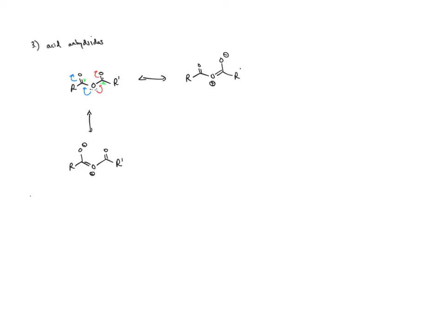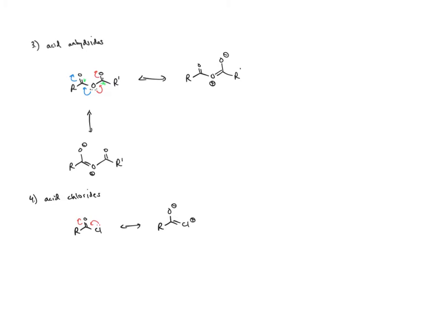The last one is the acid chlorides. So why is this one the most electrophilic? Well, this is the most electrophilic because it suffers from what's known as orbital mismatch. And so we can, of course, draw the lone pairs on chlorine delocalizing into the carbonyl to give us this resonance form in which we've got a positive charge on chlorine.